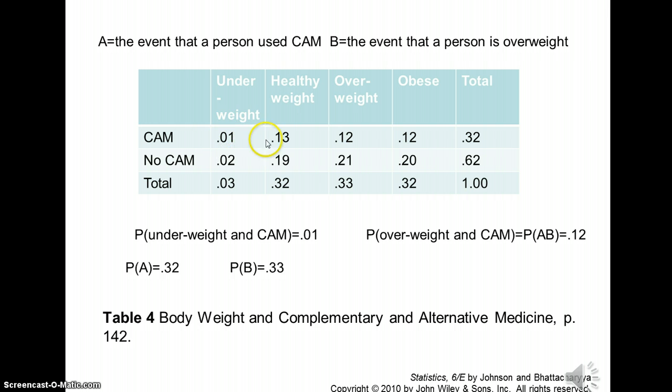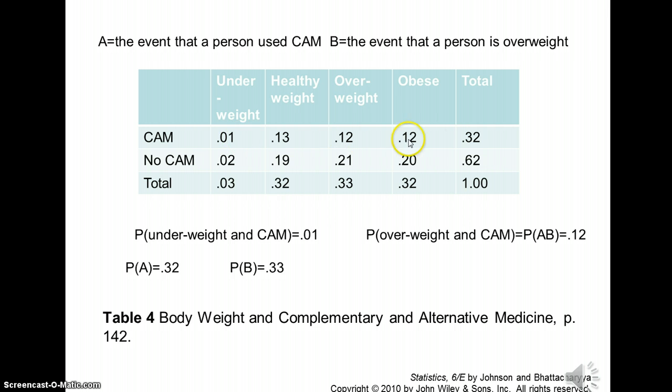So each of those 8 numbers is the proportion of two things. That's like the intersection we talk about. So it's underweight and CAM. This is healthy weight and CAM, but this is healthy weight and no CAM.